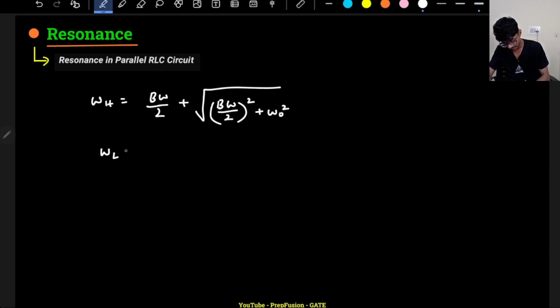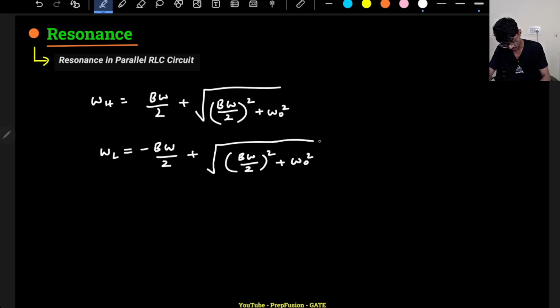Omega L is minus of bandwidth by 2 plus whole under root bandwidth by 2 whole square plus omega naught whole square.